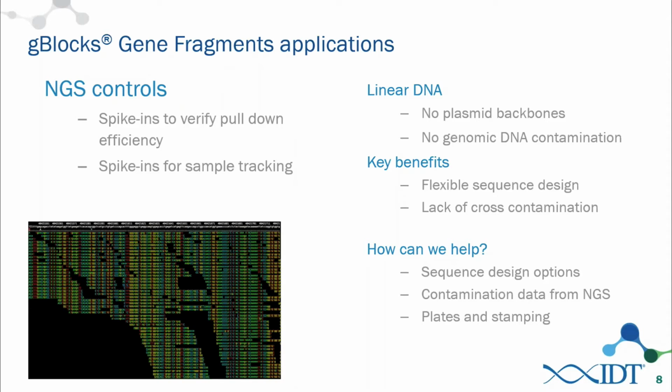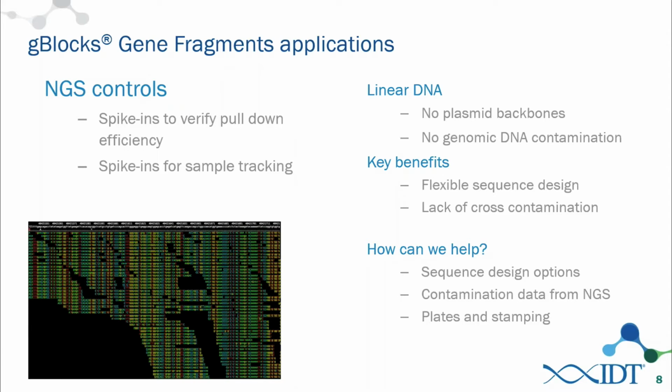And this type of enrichment can really focus the sequencing power of next-gen sequencing on specific and needed sequences. What we can offer are controls for those types of enrichment. They can be spiked in as a gBlock, and that spike-in can act as a control that can tell you your levels of enrichment. It can give you an idea of where you need to optimize things. It can help you along in that process.